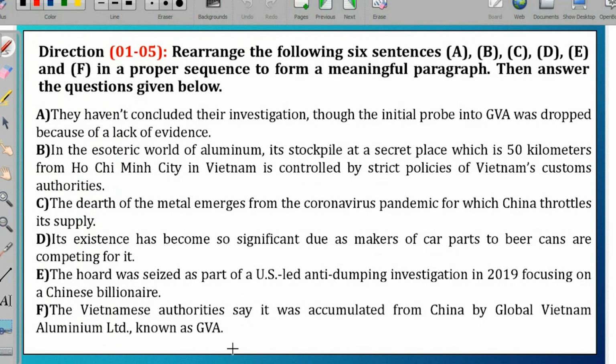First thing, you have to patiently read all the 6 statements.